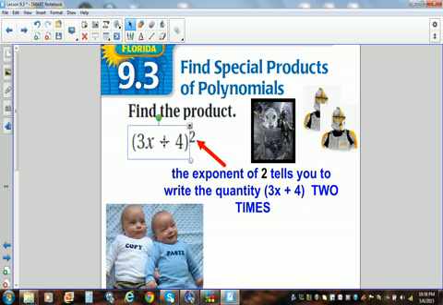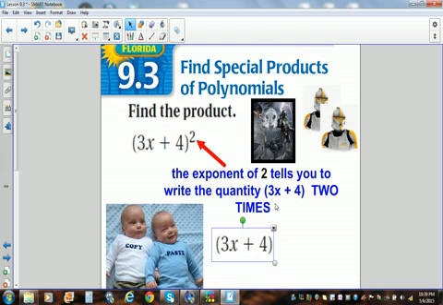So that means we're going to take this expression here, because it doesn't have an equal sign, and it has an exponent of 2, which is called squared in math. That tells us that we are going to write the quantity, parentheses, 3x plus 4, 2 times.